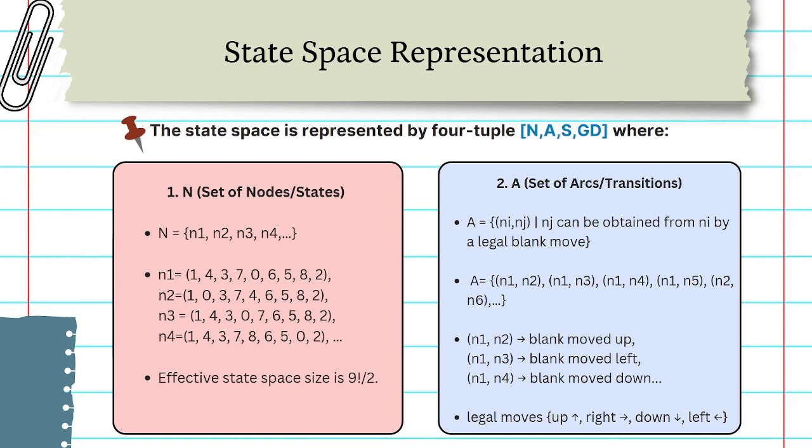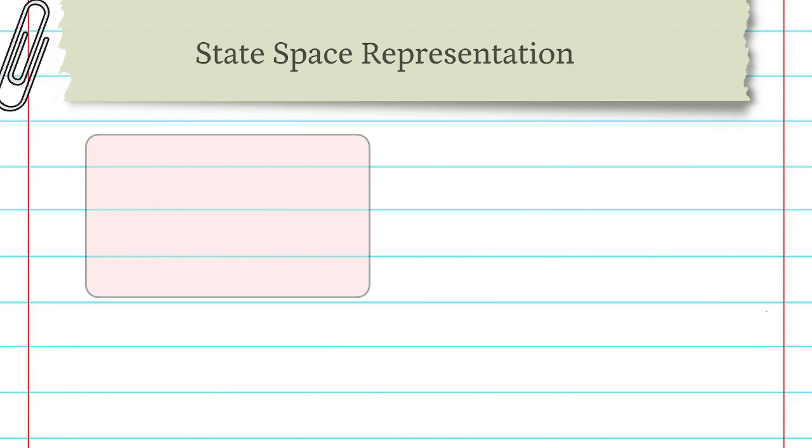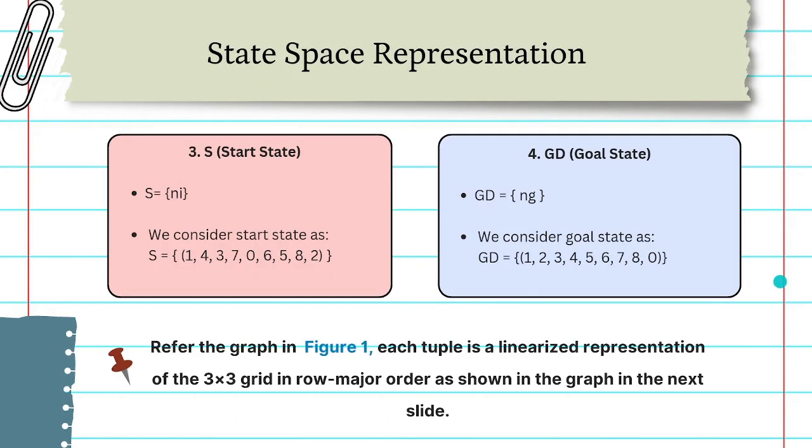Then there is A, which is a set of transitions or legal moves, where the blank swaps with its neighbor. The legal moves in this case are up, right, down, and left. S is the start state and GD is the goal state. Usually, the goal state is considered as 1 to 8 in a sequence and 0 or blank space at the end.